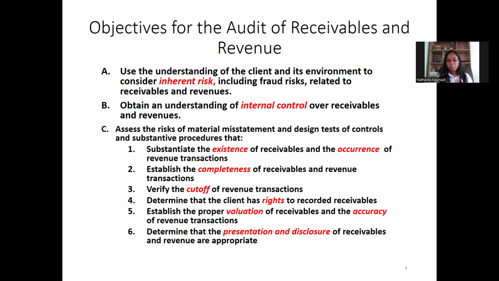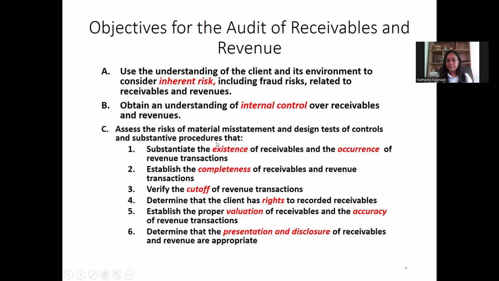Second one, obtain an understanding of internal controls over receivables and revenue. When you go to the client's place, you understand what internal controls are placed for revenue and receivables. So you have to see what controls are placed by the management. And then assess the risk of material misstatements and design tests of controls and substantive procedures.